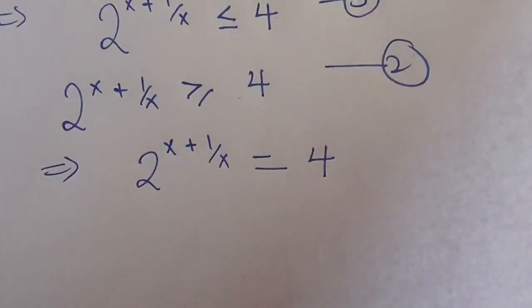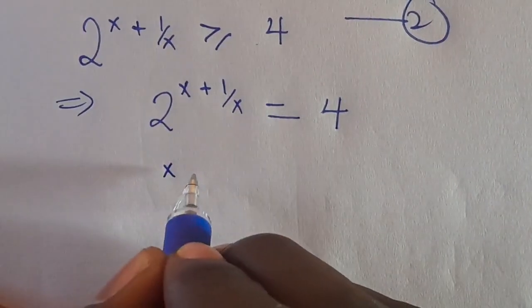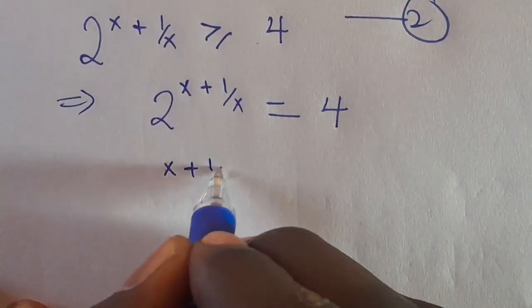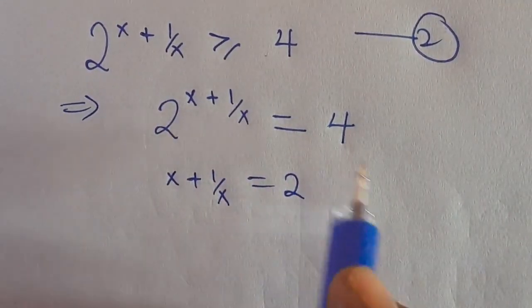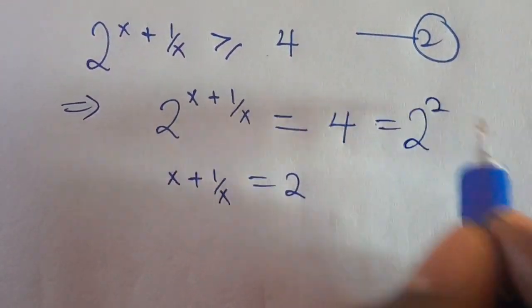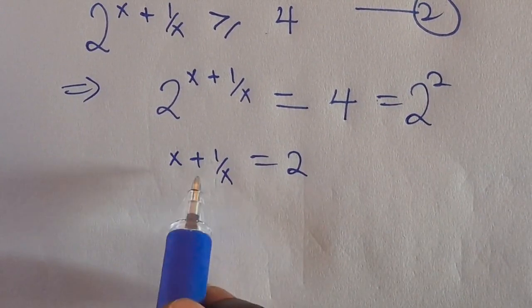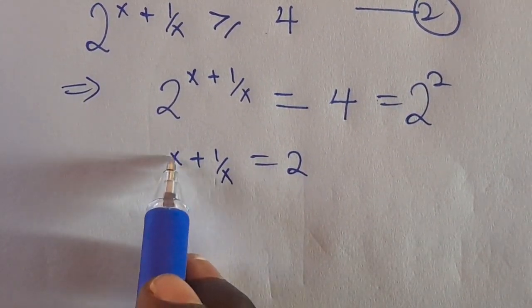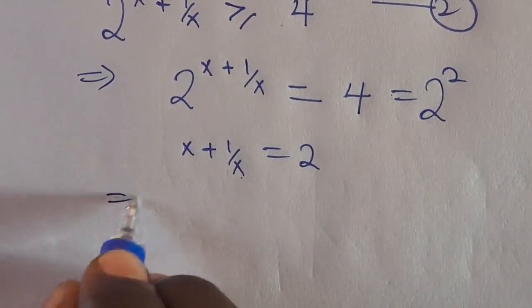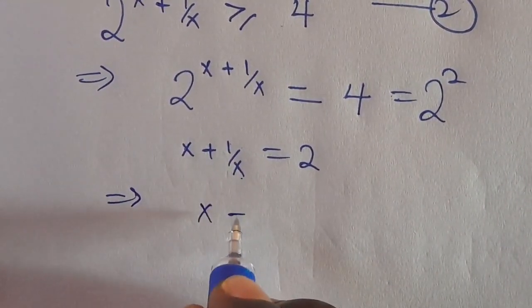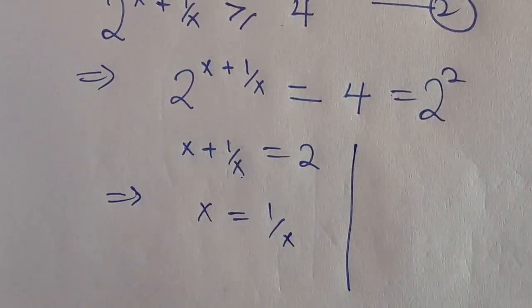And if this is true, this implies that x + 1/x = 2, because we can have this one to be 2 to the power of 2. And so therefore, guys, for us to have x + 1/x equal to 2, this implies that x equals 1/x.